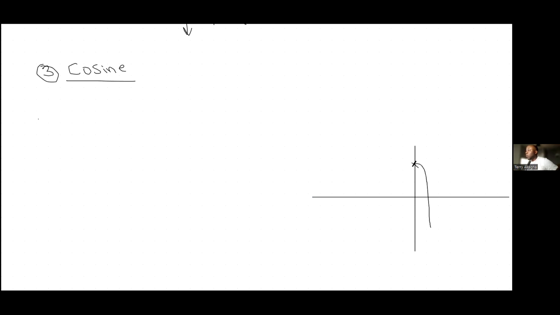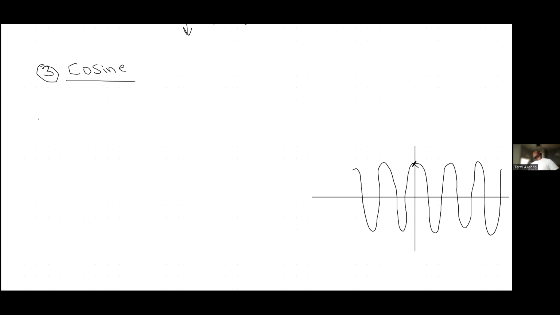So we talked about this the last time. This is how a cosine graph will look. Then let's assume we have a particular value we're interested in.